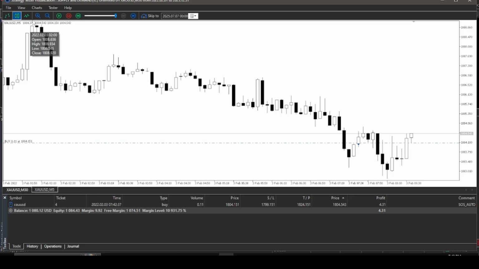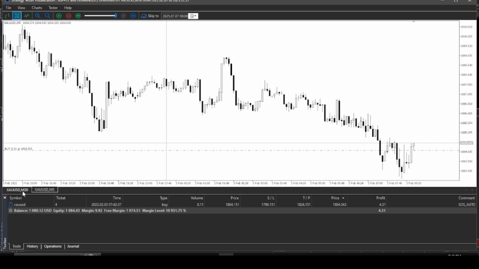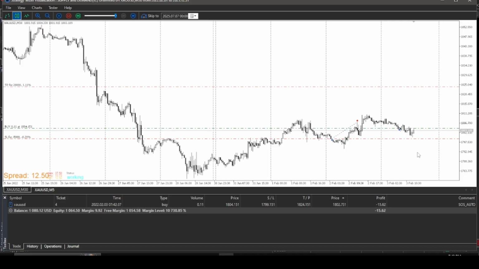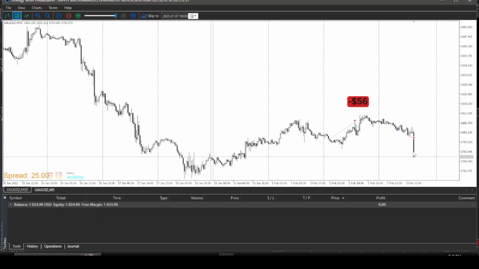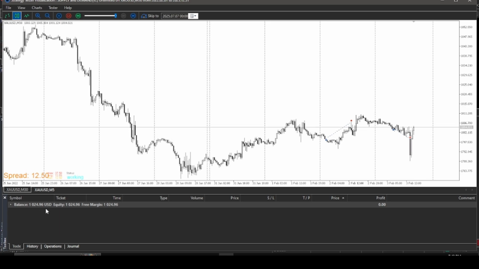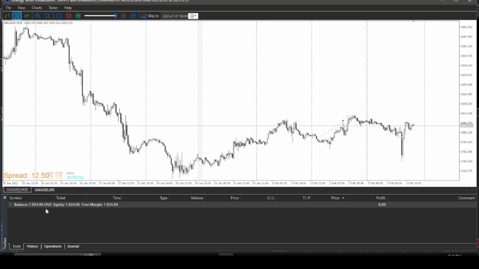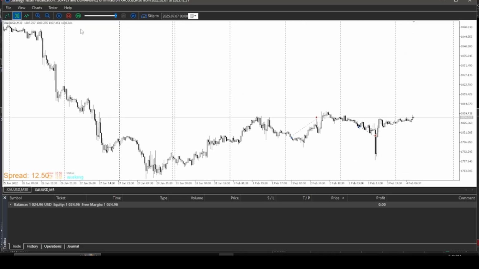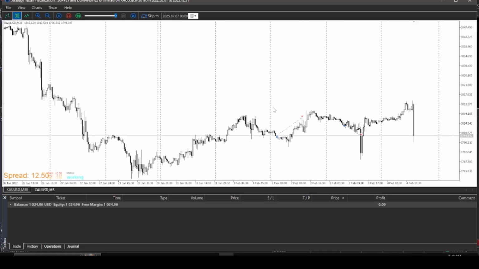Let's go back to the 30 minutes time frame to see how it plays out. That was also close. We've taken a loss from here, but we still have $24 in profit because this trading robot has a very good risk management program alongside it. All right, let's see how it goes.